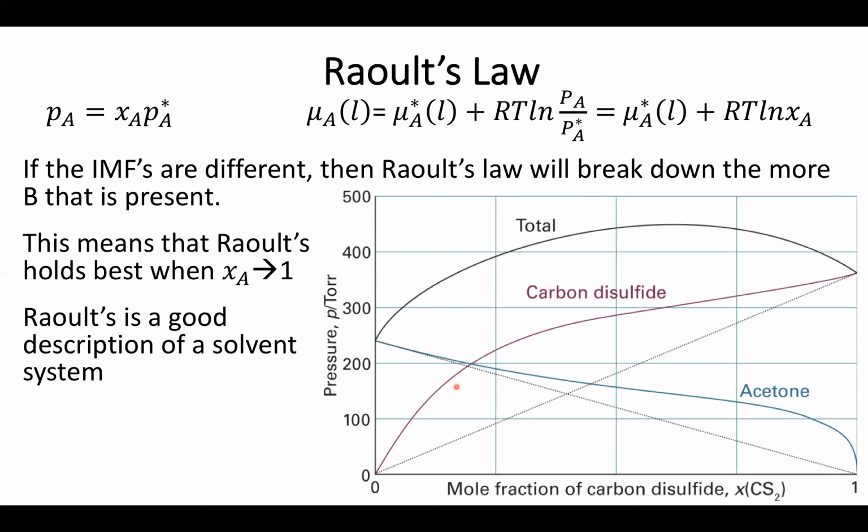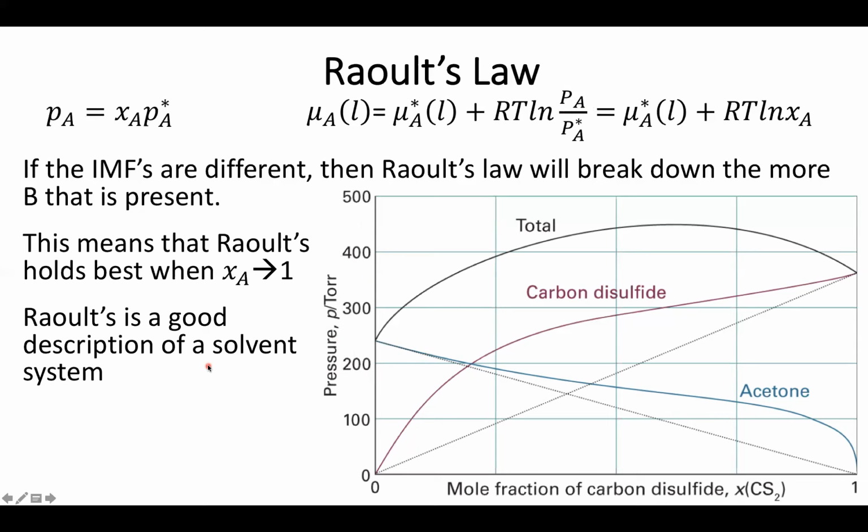But in general, the important idea is that because Raoult's law holds fairly well if the majority of what you're seeing around you is yourself, it's actually a pretty good description of the chemical potential and the vapor pressure of a solvent system. Because when you're the majority of what's present, well, that's a good solvent.